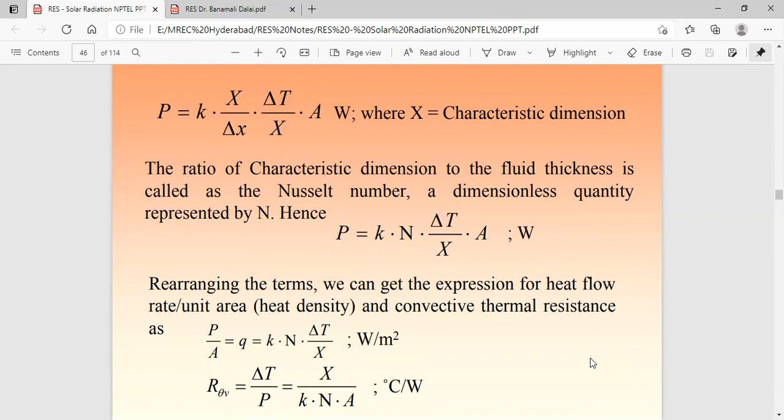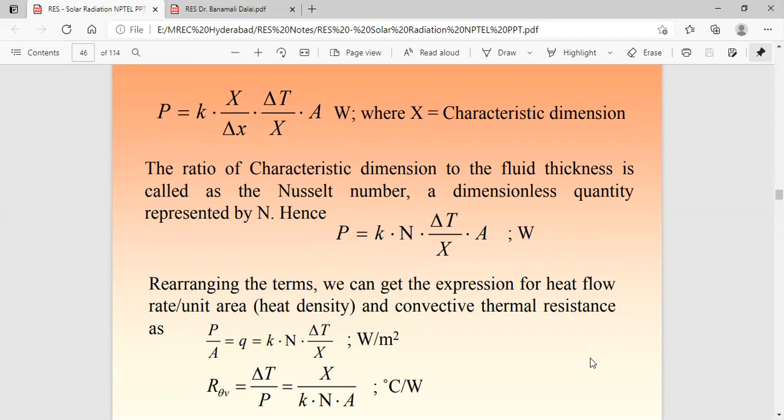The ratio of the characteristic dimension to the fluid thickness is called the Nusselt number, a dimensionless quantity represented by N. Hence P equal to K into N into del T divided by X into A in watts, where N is equal to X divided by del X.